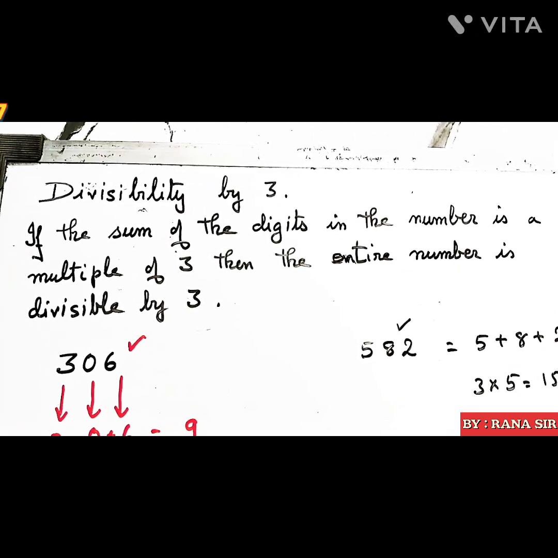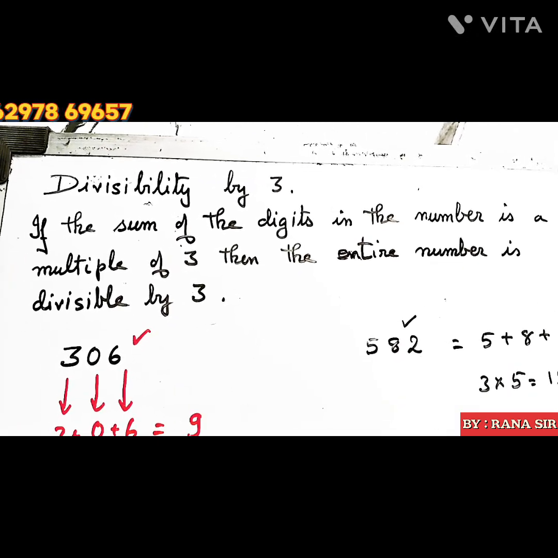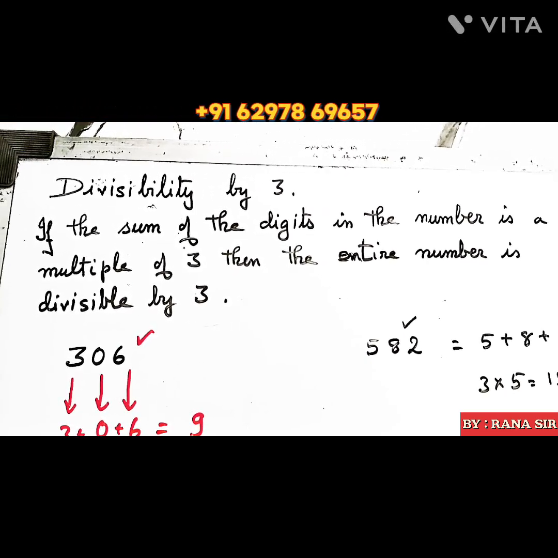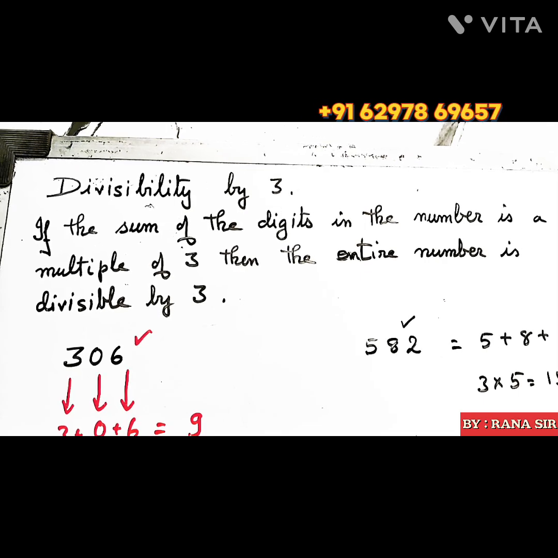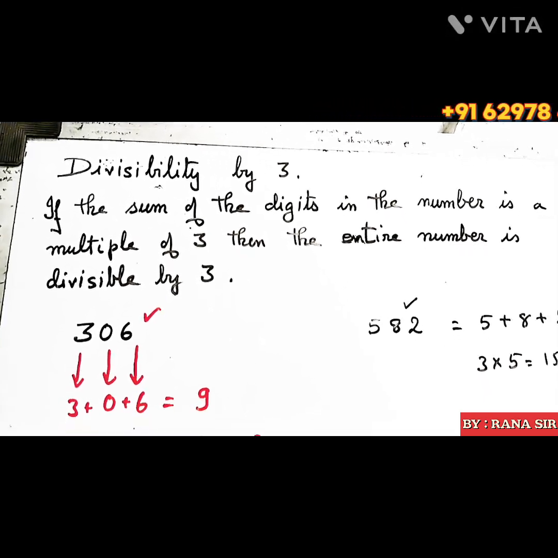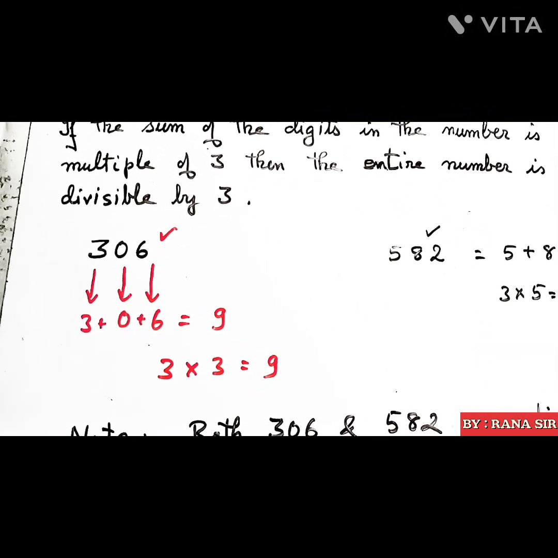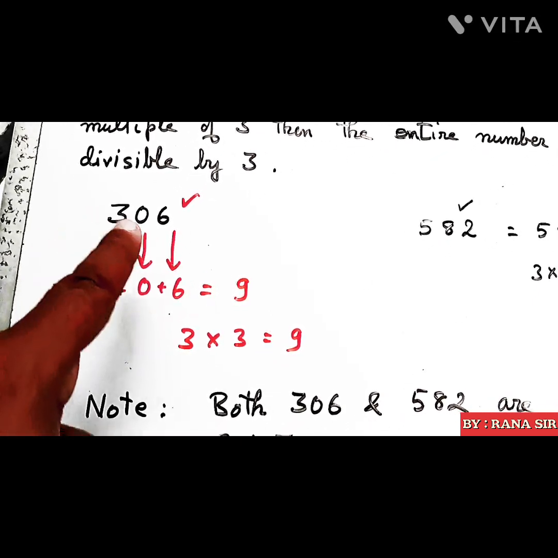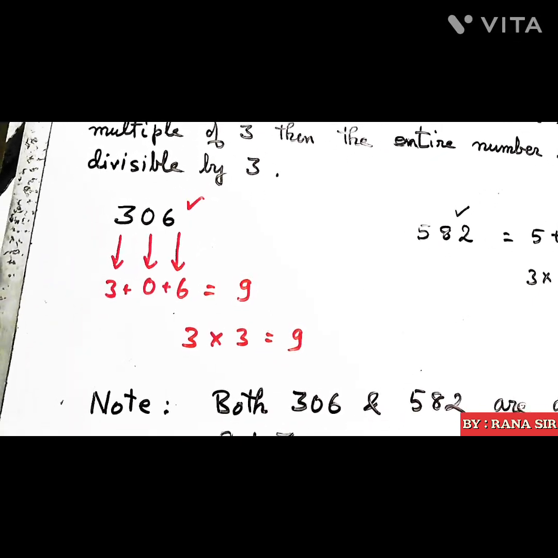Divisible by 3: if the sum of the digits in the number is a multiple of 3, then the entire number is divisible by 3. What does this mean? Let us understand with the help of an example. 306. What are the digits? 3 is a digit, 0 is a digit, and 6 is a digit.